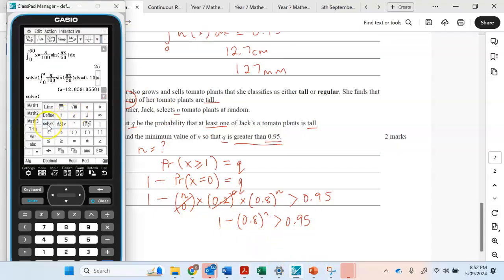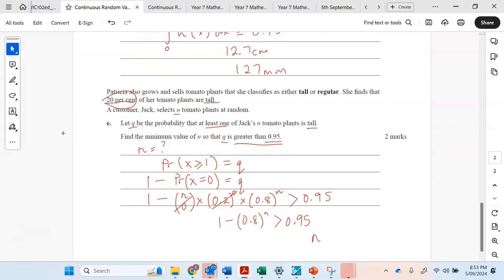So solve 1 minus 0.8 to the power of n. You don't have to use n, you could use x if you wanted to, because it's sometimes a little bit easier. And we can use our inequality sign, is greater than 0.95, comma, x. So x, or in this case n, has to be greater than 13.4.